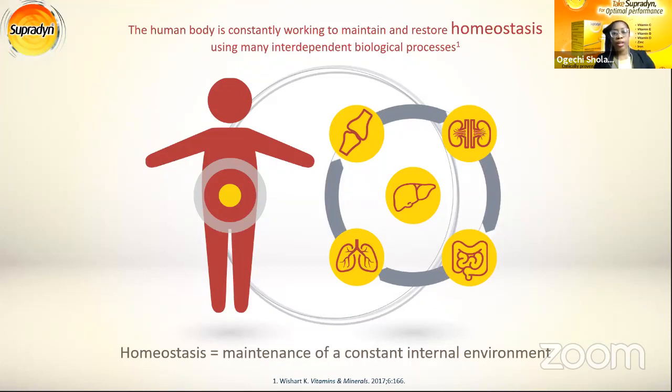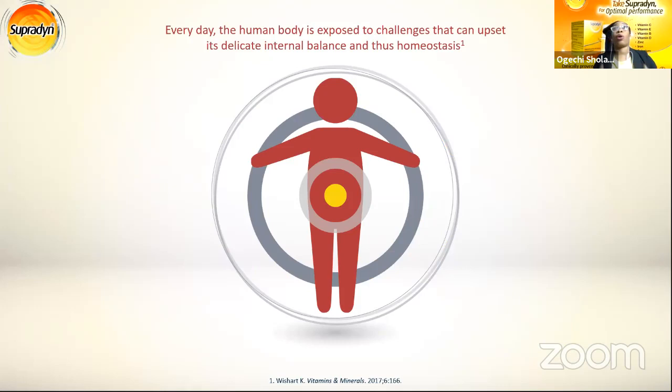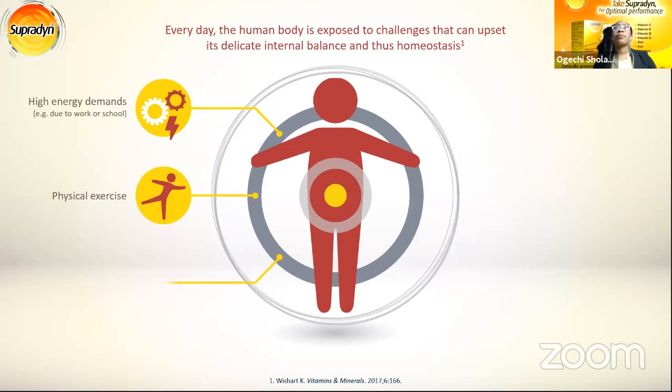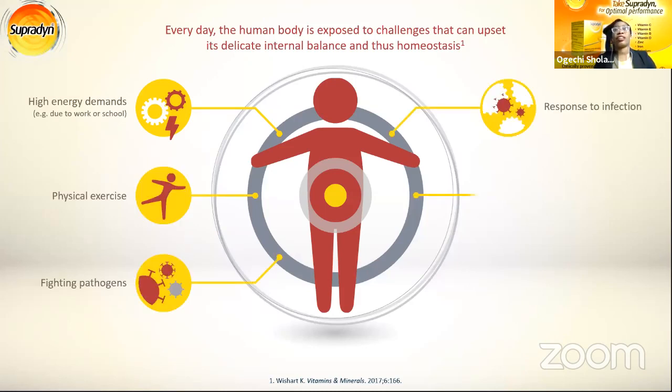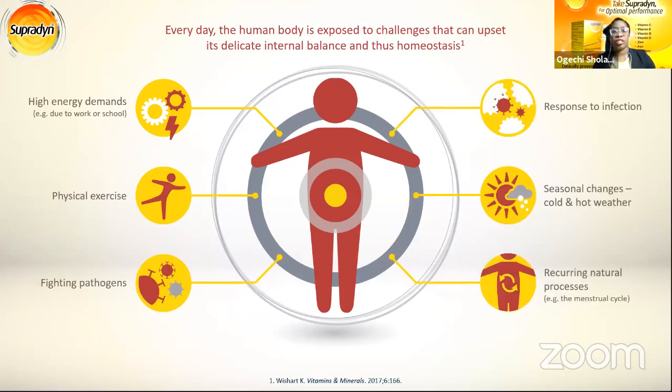Now, despite the fact that the body is working to maintain homeostasis, you have different circumstances or challenges that a person might be exposed to during the day that can shake or challenge the internal balance and thus homeostasis. Examples of these are high energy demands, physical exercise, fighting pathogens, even the normal menstrual cycles.